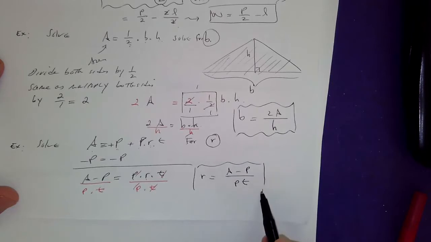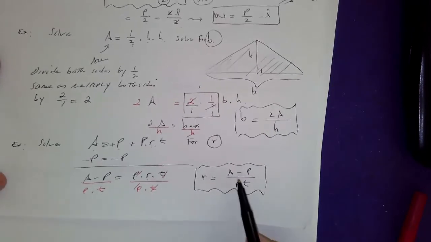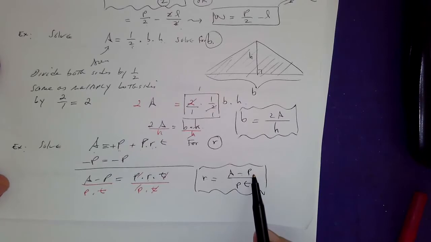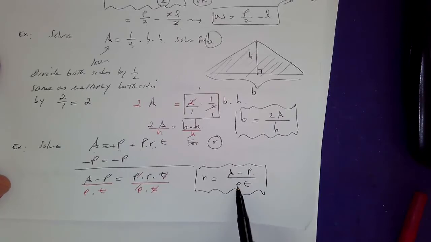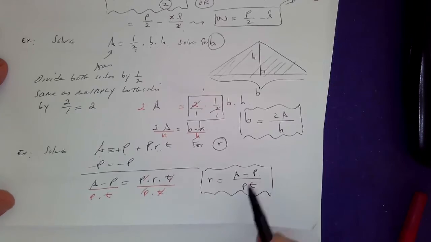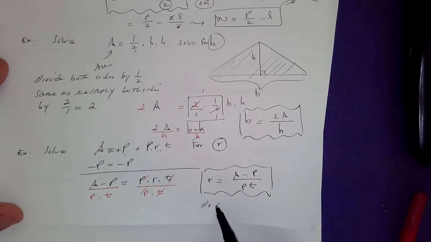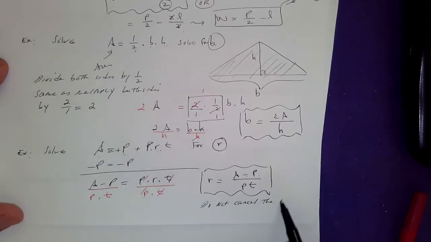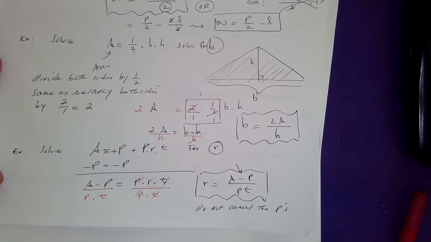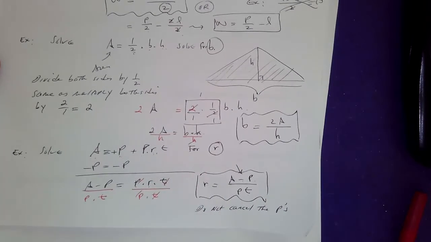Final answer. That means the interest rate is equal to the accumulated amount minus the principal, divided by principal times time. Once again, do not cancel the P's. Why? The minus sign won't let you. Can't do it.